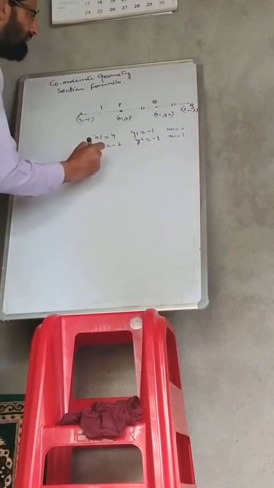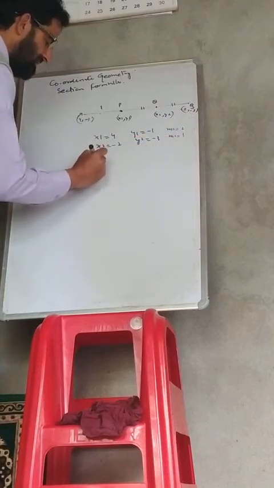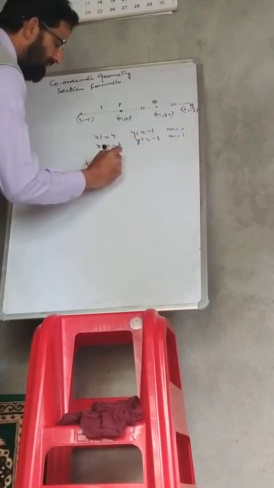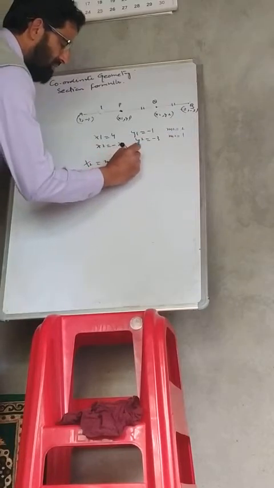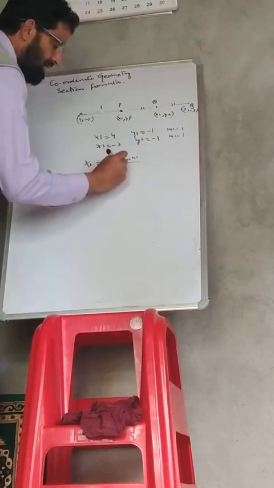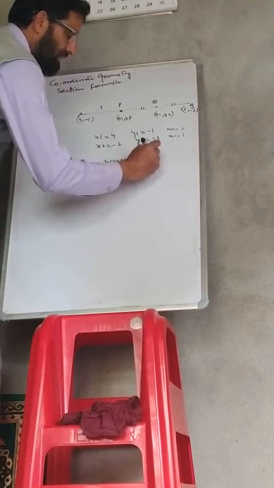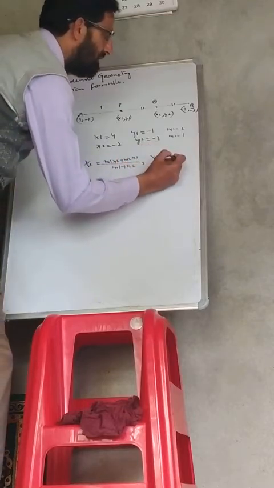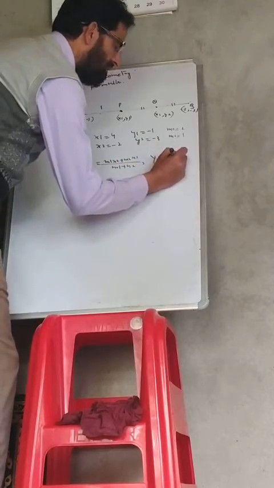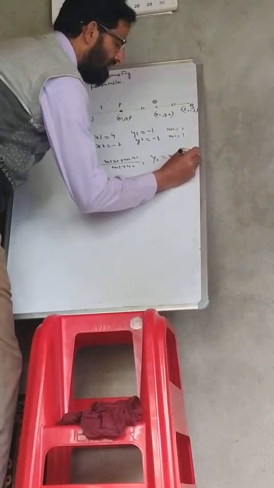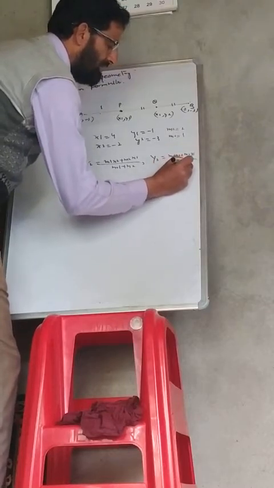So here capital X2, let it be M1 x2 plus M2 x1 divided by M1 plus M2, and Y2 is equivalent to M1 y2 plus M2 y1 divided by M1 plus M2.